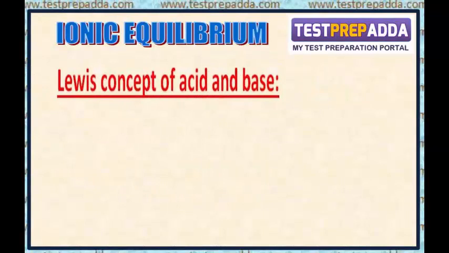Although the Lowry and Bronsted theory gave a more generalized definition of acid and base than the Arrhenius theory, in many cases the theory failed to explain the nature.